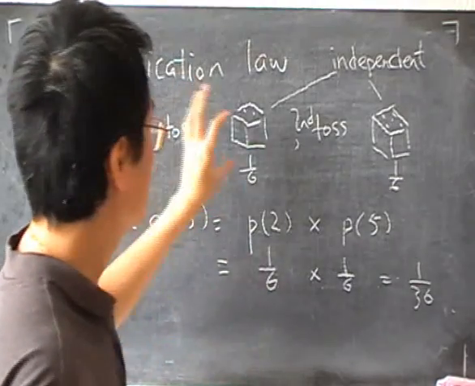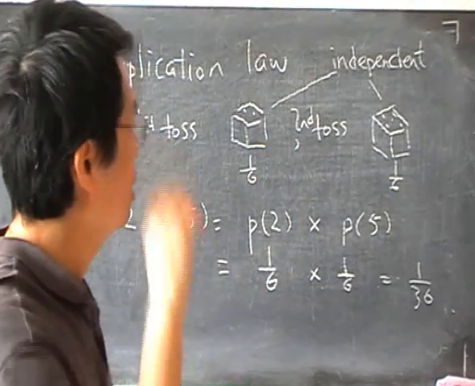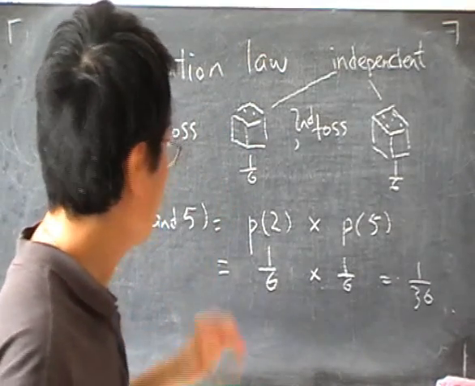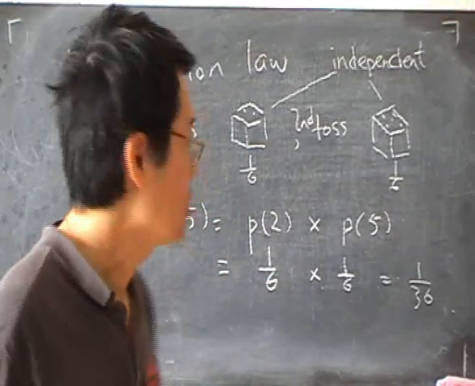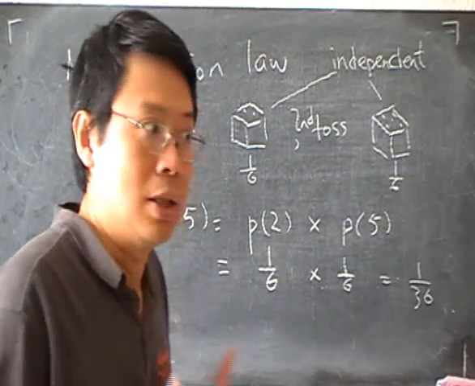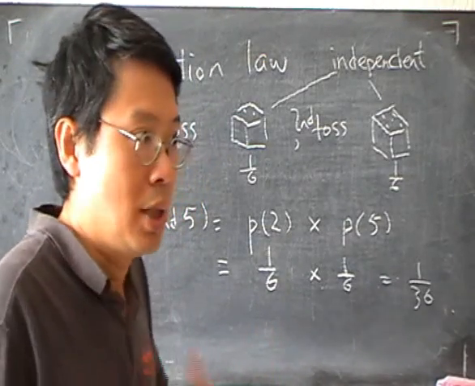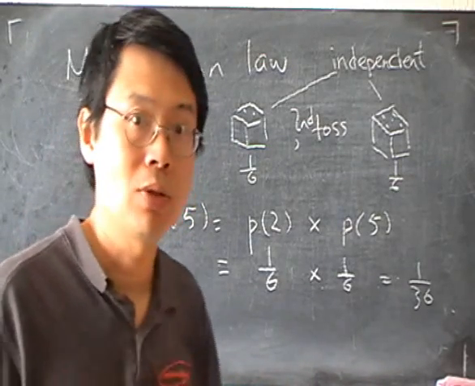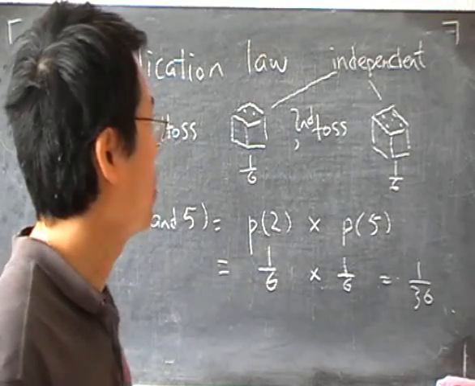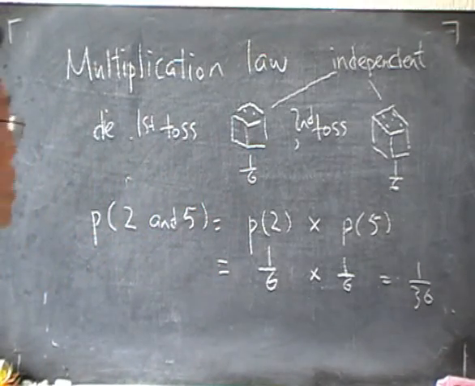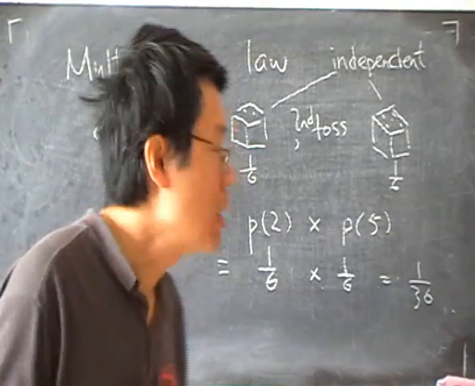And in this case, they don't have effects on each other, because when you toss one die, you get a number, and if you toss it again, there's no reason why the outcome of the second toss should depend on the outcome of the first toss. They are separate events, and they don't affect each other.